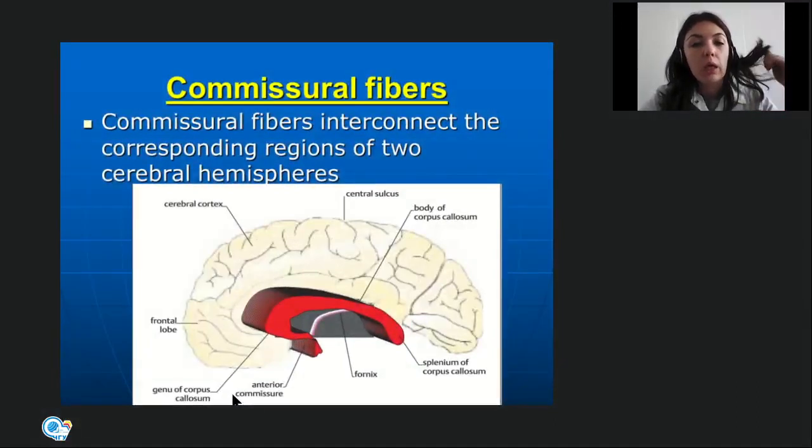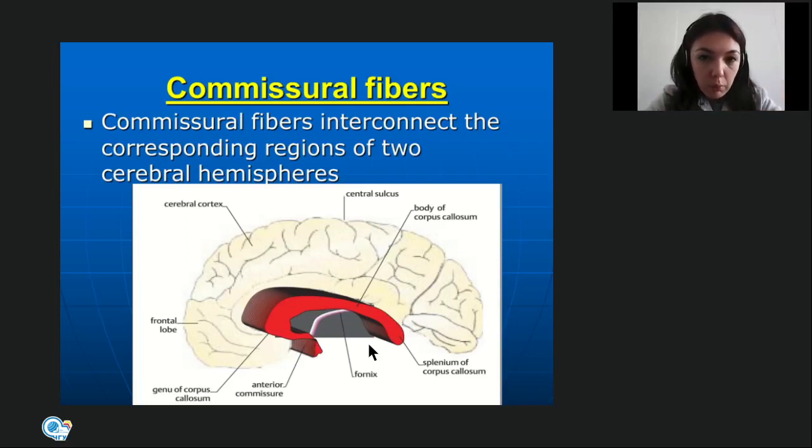Commissural fibers interconnect corresponding regions of the two cerebral hemispheres. The largest structure formed by commissural fibers is the corpus callosum. There is also the fornical commissure between the two crura of the fornix. The fornix itself is formed by projectional fibers because it connects mammillary bodies with the hippocampus and parahippocampal gyrus.